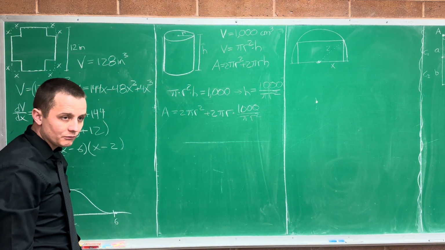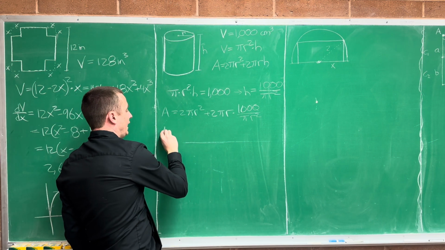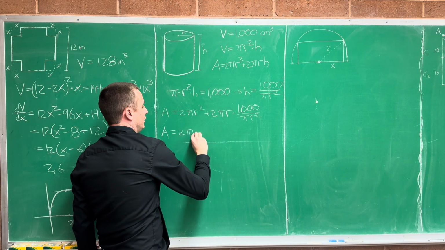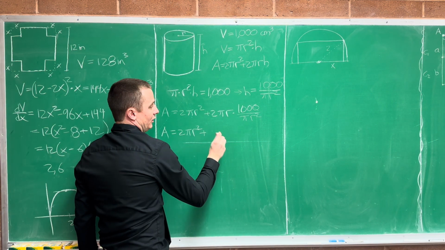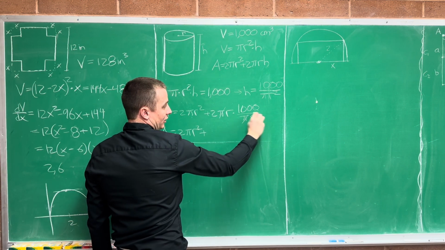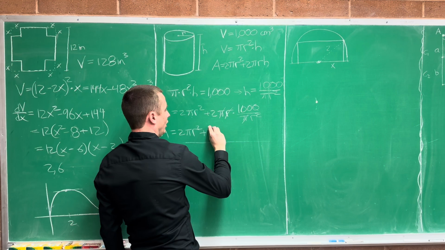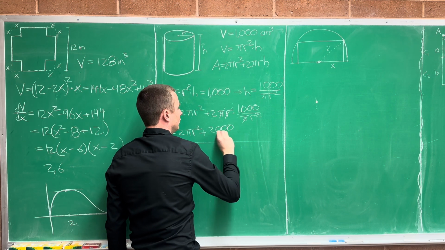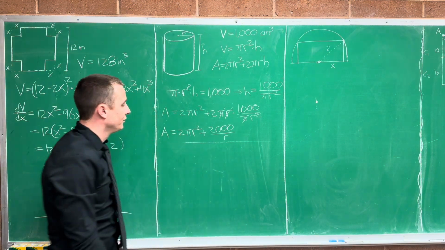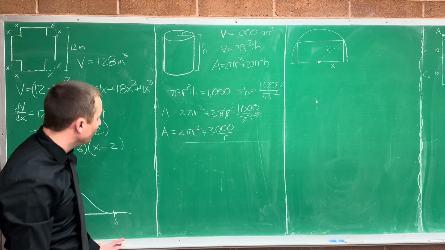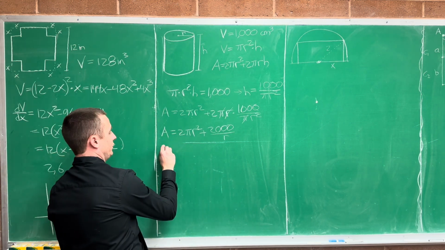Good? Now let's simplify that. So my area is going to be equal to 2 pi r squared plus, the pi is going to cancel out top and bottom. This r is going to cancel out with one of those r's. And so we're going to get 2,000 over r. You with me? Yeah. And now we can take the derivative with respect to r.